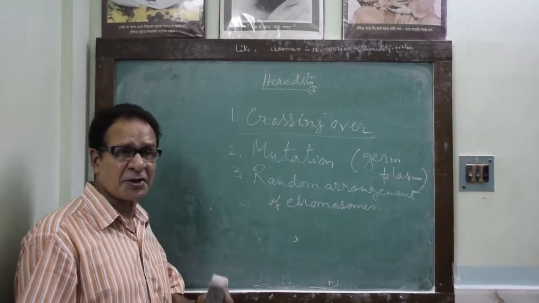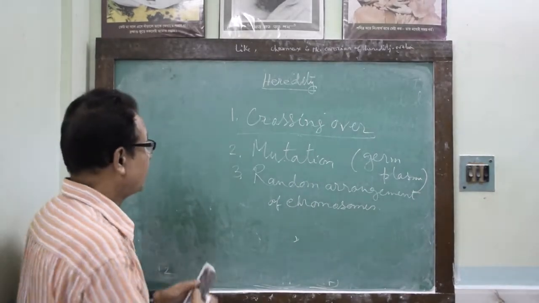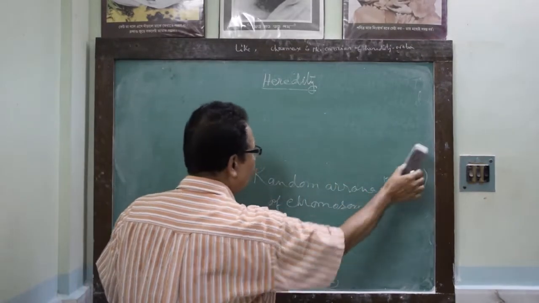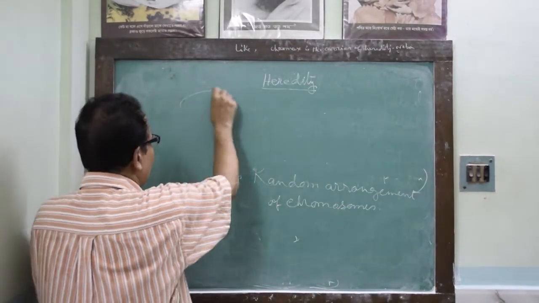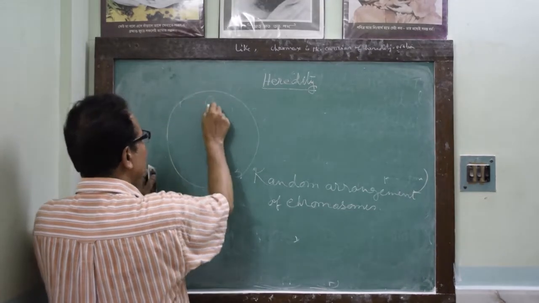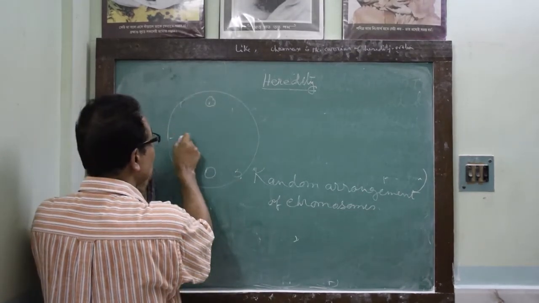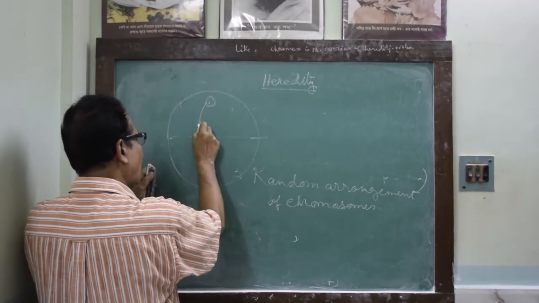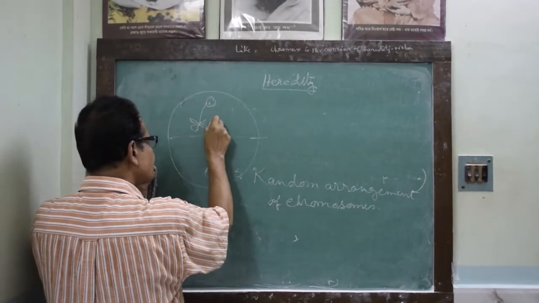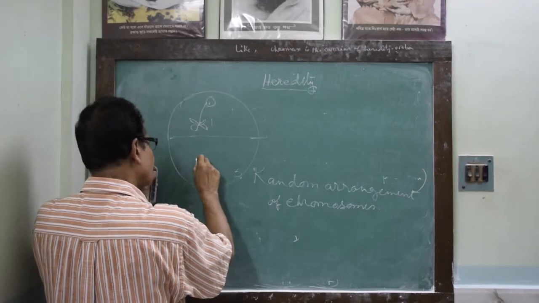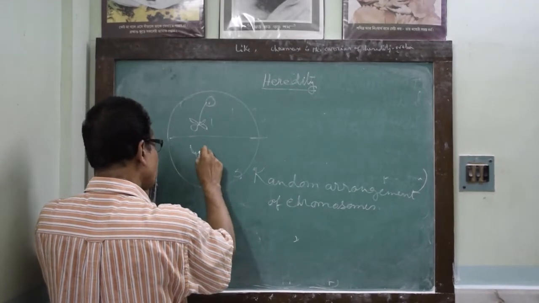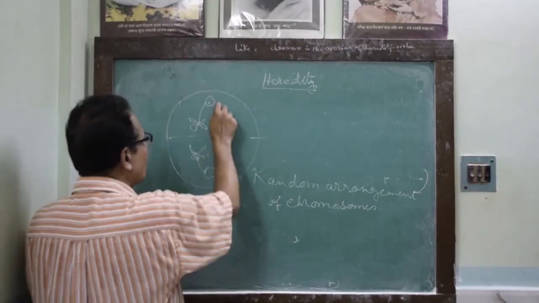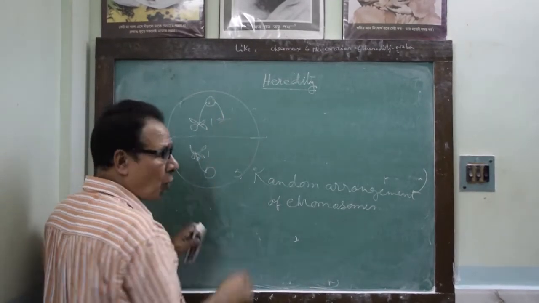You have already studied in meiosis that during metaphase 1, the homologous chromosomes are arranged equidistant from the equator. One is placed towards one pole, and its homologous pair towards the opposite pole, that is 1, 1, 2, 2, and so on.